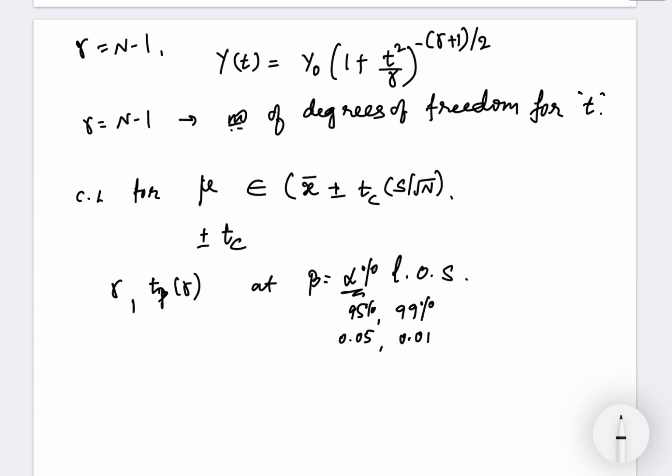At the beta level of significance, the confidence interval for the statistic t is given by minus t beta of gamma, comma, t beta of gamma.